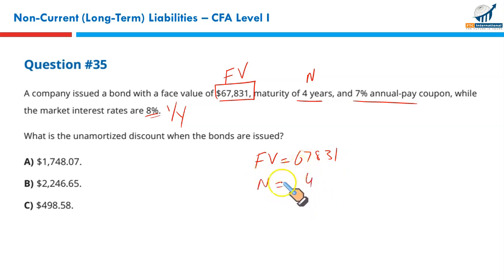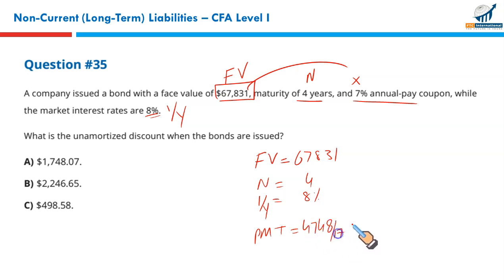4 periods. Interest rate per period is 8%. And the interest payment will be 67,831 multiplied by 7%. It's going to be 4,748.17.